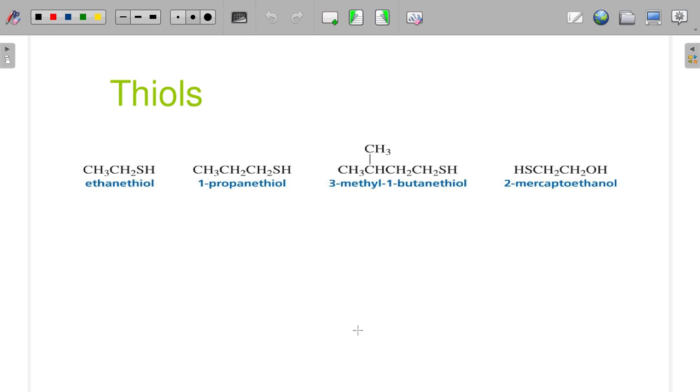All right, last little functional group we're going to talk about here are our thiols. Thiols get their names very similar to alcohols. For alcohols, you would just name the backbone and add an OL at the end. To represent a thiol, you add THIOL.